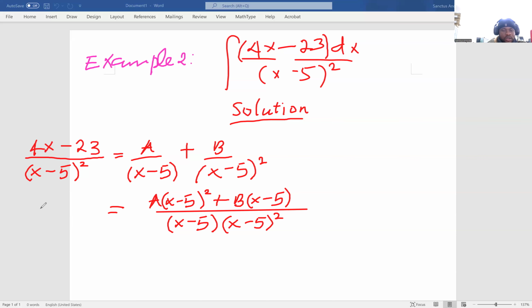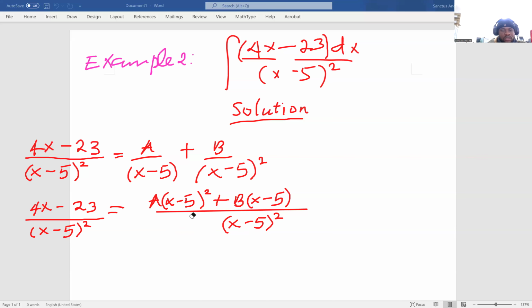On it, we have 4x minus 23 all over x minus 5 to the power 2. So I think this should be this only. This divide this.